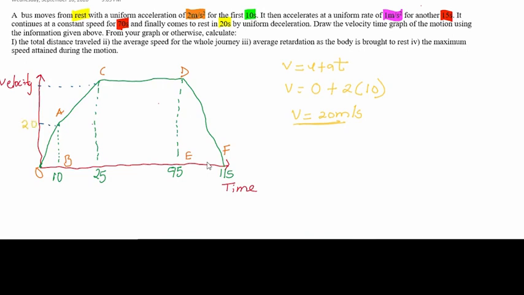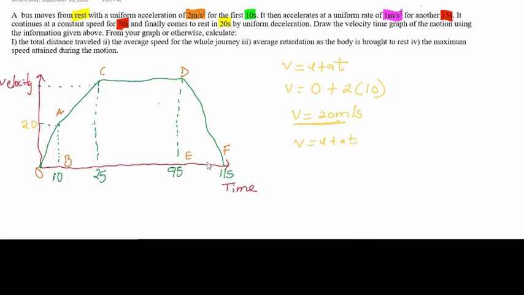So at this point, we will write 20. Now, to get the second velocity attained after traveling for 25 seconds, we use the same equation of motion: the final velocity is equal to U plus AT.